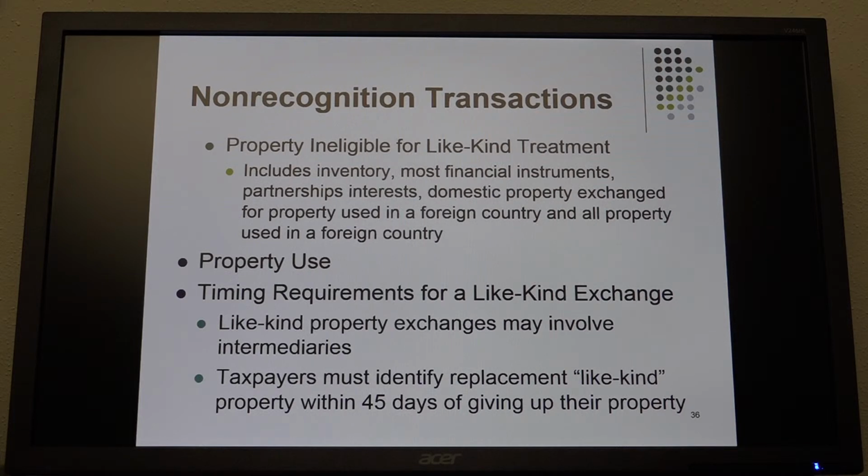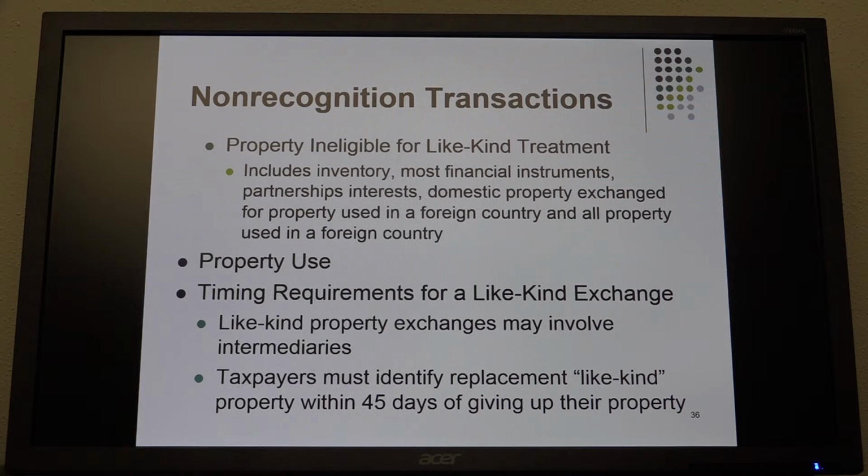Note here, as far as the timing is concerned, sometimes these things are not simultaneous. And so they may involve a middleman. There are companies out there that specialize in these non-taxable like-kind exchanges. Usually they're like a real estate broker or some sort of broker.